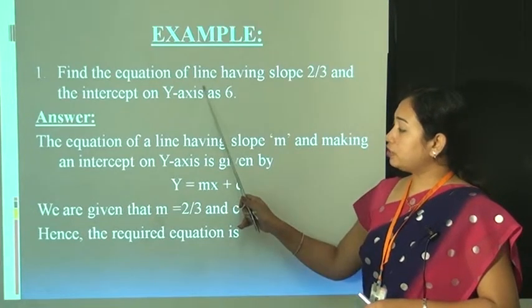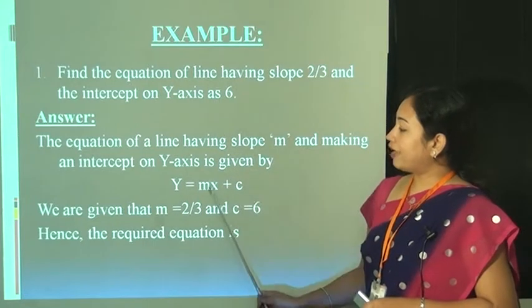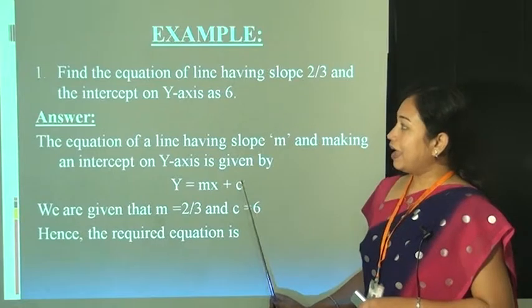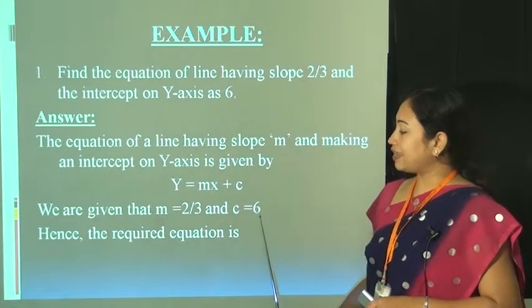Now in this example we have the value of m, that means the slope is given as 2/3, and the intercept on the y-axis is given as 6.